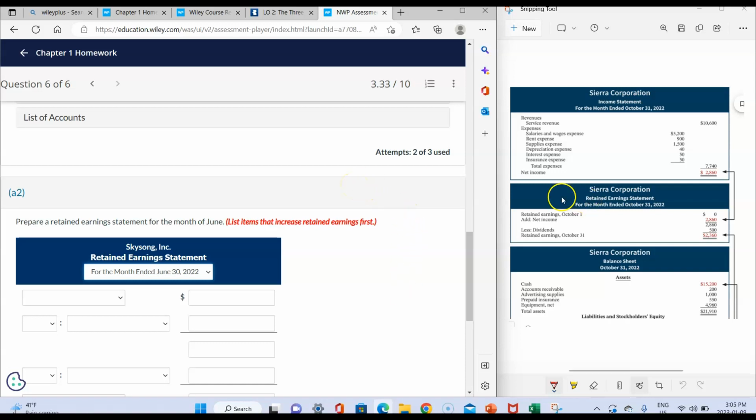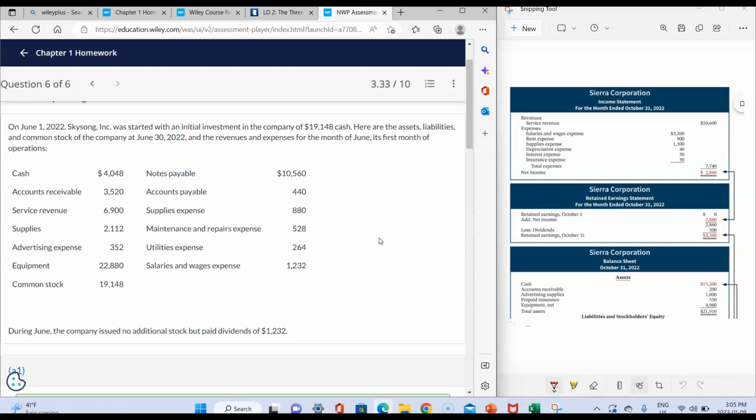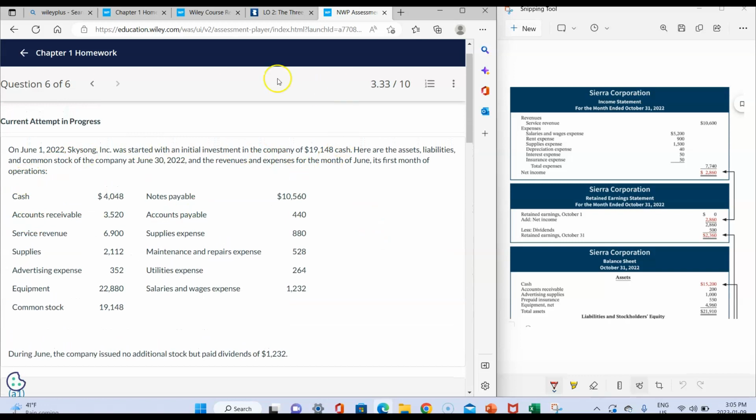So following this example, in this particular question, it is a brand new company because we started on June 1st. That means our retained earnings, or earnings that are left in the company, was zero because at the beginning of the month we hadn't even really started the company yet.